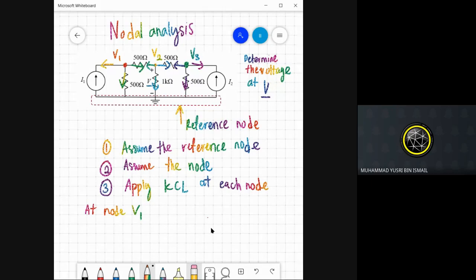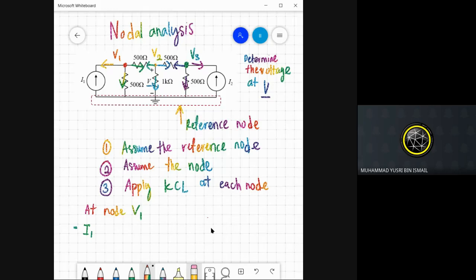However, there is also current flowing from the current source I1. Since the current I1 is in the opposite direction to our assumption, I will write it as negative I1.